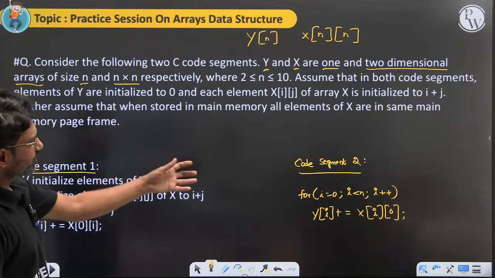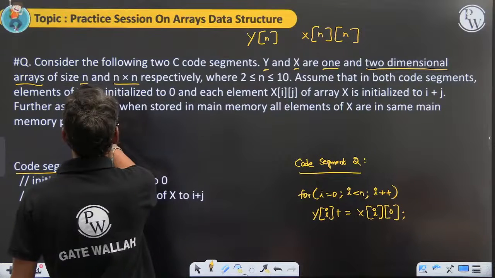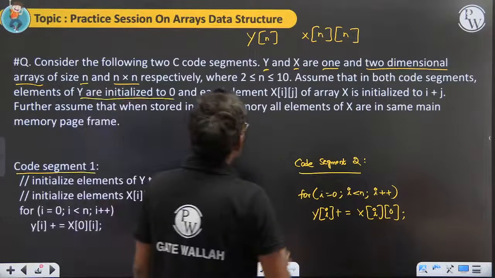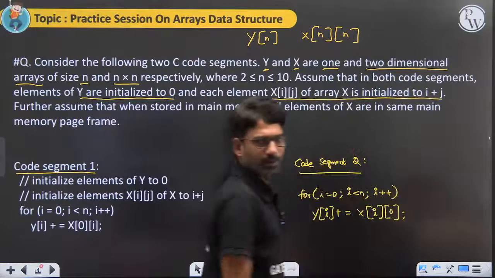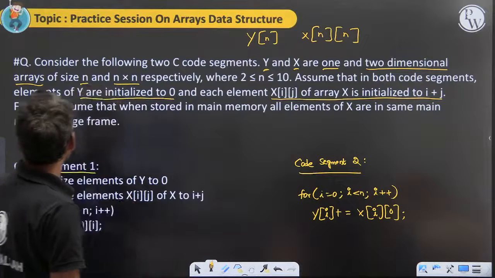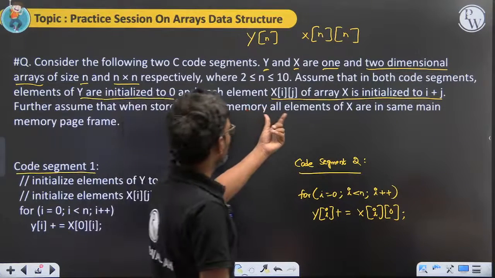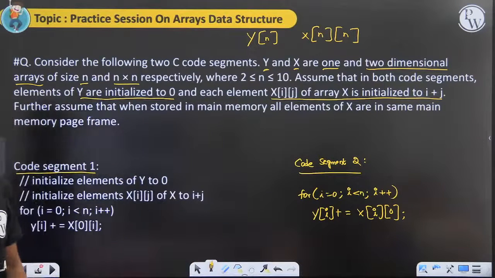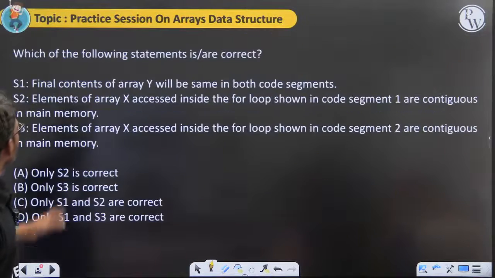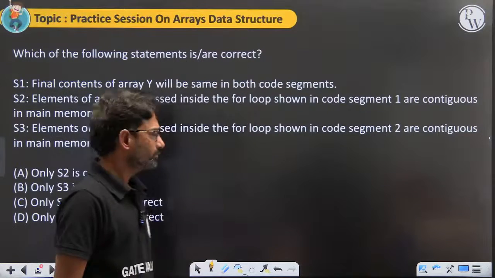So in both code segments, elements of y are initialized to 0, element of x of ij initialized to I plus j. Now, further assume that when stored in main memory, all elements are in the same main memory frame. Okay. Now, which of the following statements are correct?